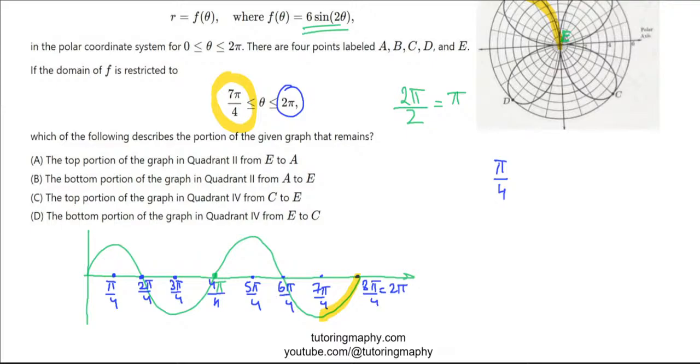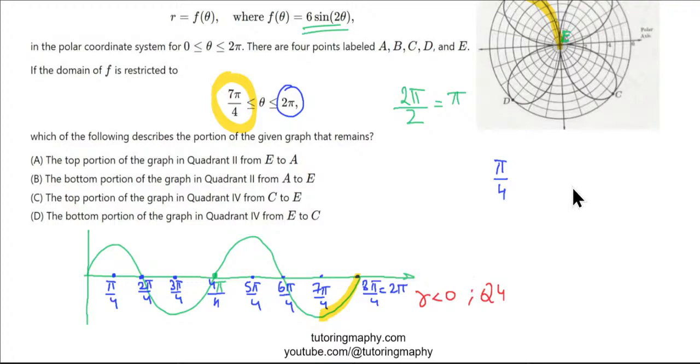I already told you that the R value, when it is at the bottom, below the x-axis, is negative. So here R value is negative. And what is the quadrant of this, by the way? 7 pi over 4 to 2 pi. Isn't that quadrant 4? Because it is very close to 2 pi. So this is in quadrant 4.